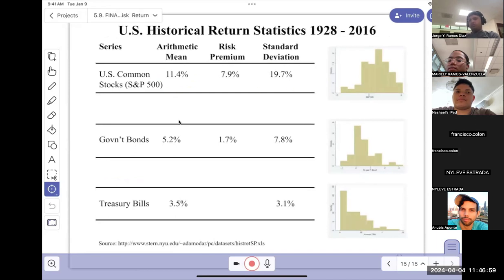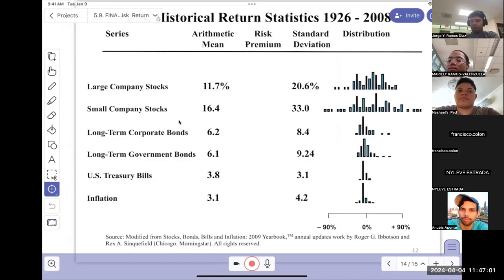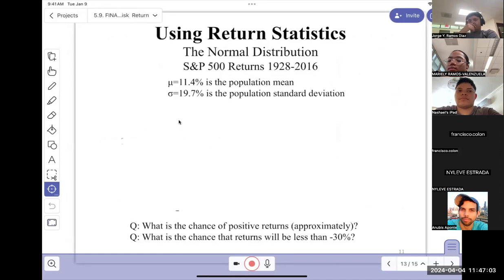I want you to answer these questions for next week, work on review 1 as well, and we'll pick up from here. I want you to answer the question using the technique we discussed. What is the chance of positive returns approximately if you were to graph this as a normal distribution for the S&P 500? And then what is the chance that a return will be less than negative 30%?